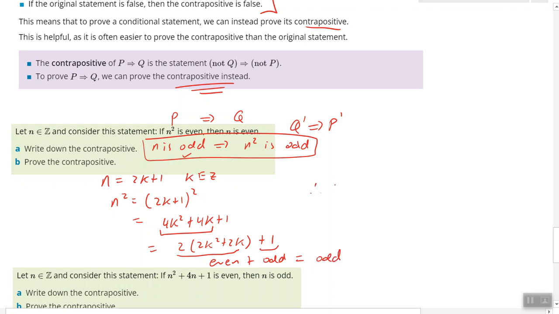So an even plus an odd is an odd. Therefore, we've proven that the contrapositive is true, because we've proven that if n is an odd number, then n squared is also an odd number.